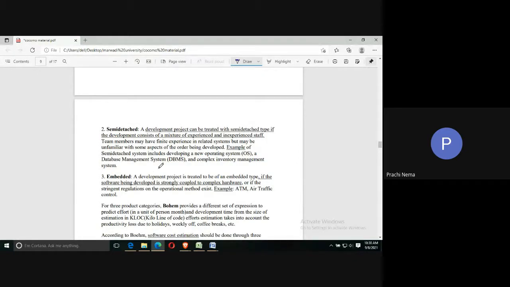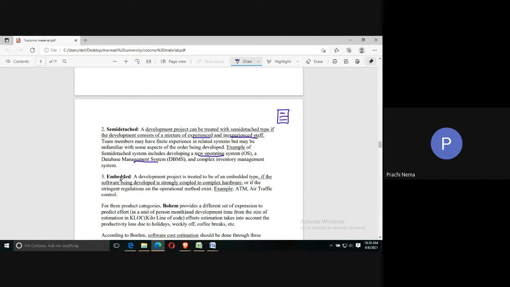In the semi-detached category, the team size would be moderate, average, and the team members will be a mixture of experienced and inexperienced staff. Examples of such projects can be developing a new operating system or a new DBMS. So these types of projects will come under the semi-detached category.